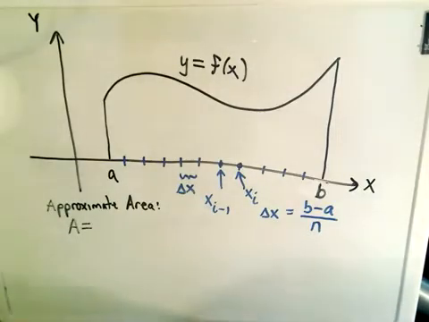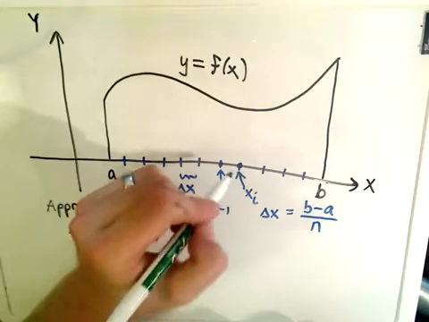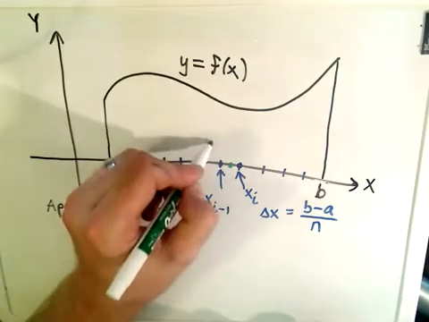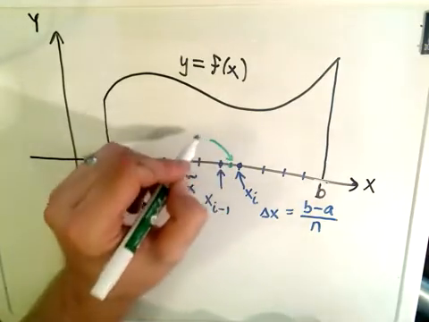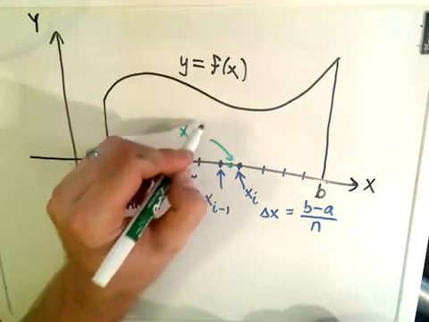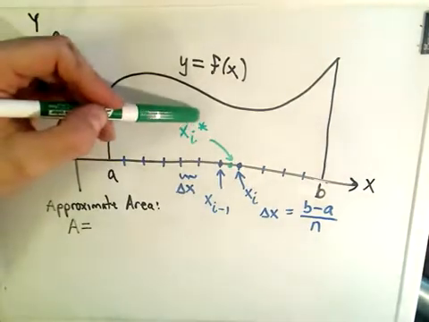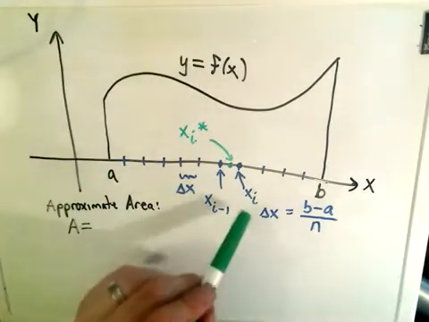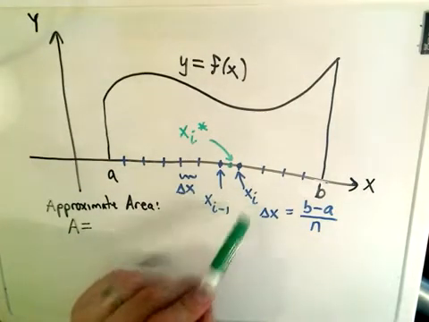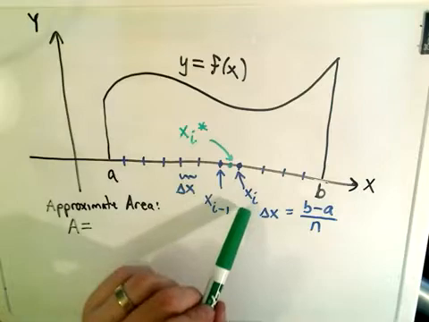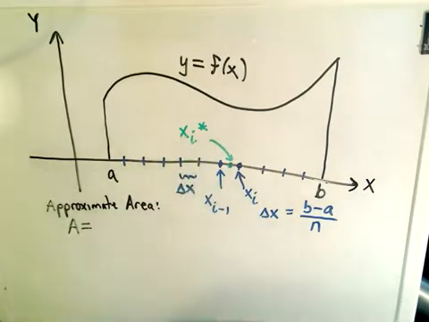If we take any point inside that interval, we label it x sub i star. The star just represents that this point is in the ith interval, whichever interval it is: first, second, third, fourth.